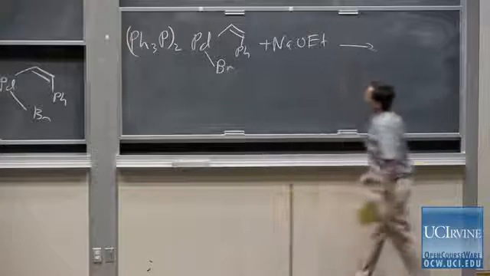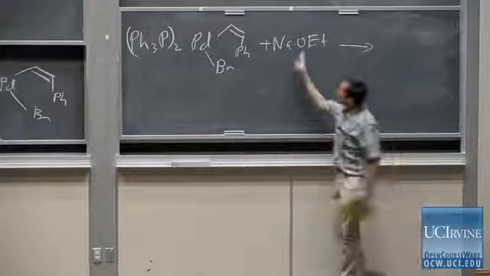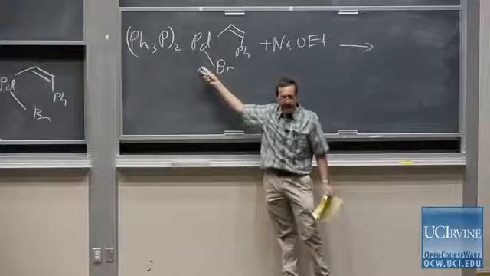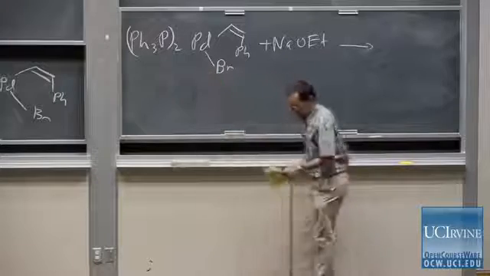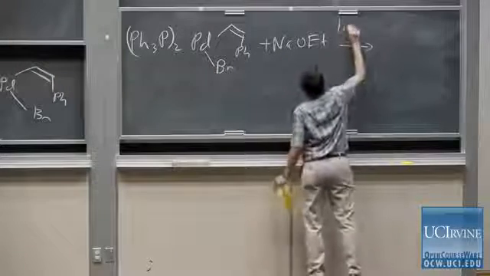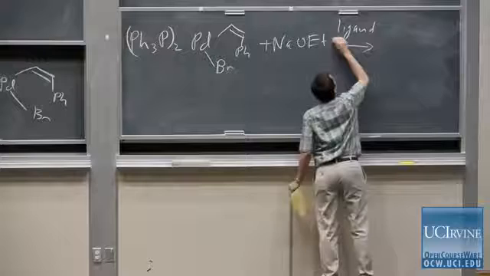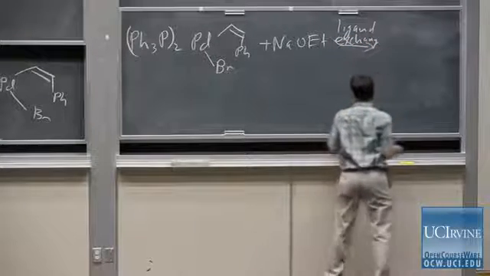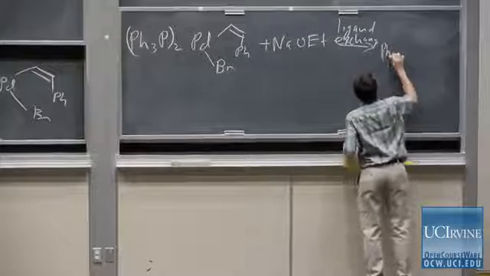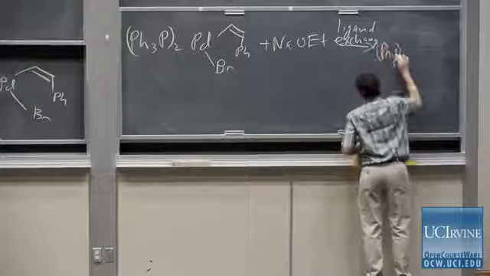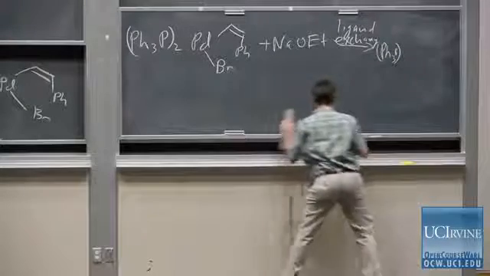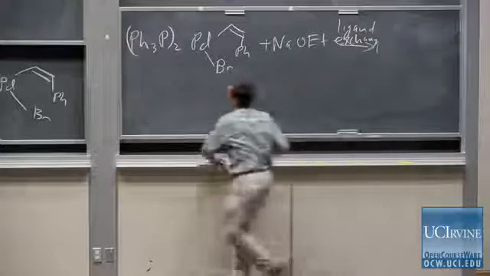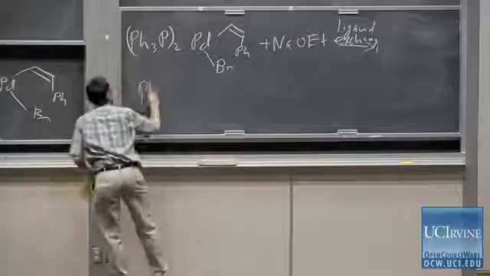A ligand exchange reaction occurs. That means ethoxide does basically what you could think of as an SN2 displacement and kicks out bromide. I think I'll write this on the next line because these structures are pretty big.